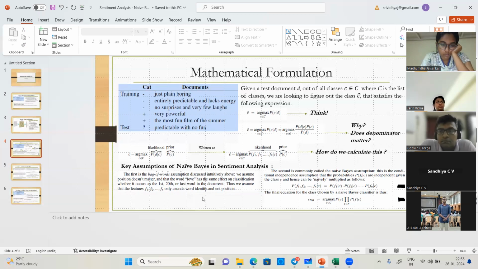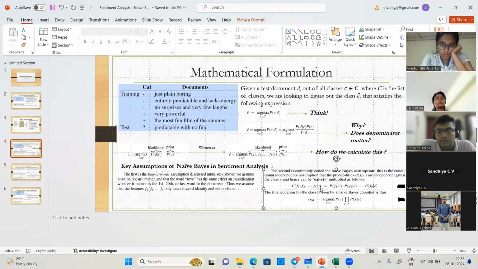It doesn't really matter. All right. The second important assumption, this is something that we discussed previously. Remember conditional probability, folks? We are assuming that given a class, F1, F2, F3, Fn are all independent.